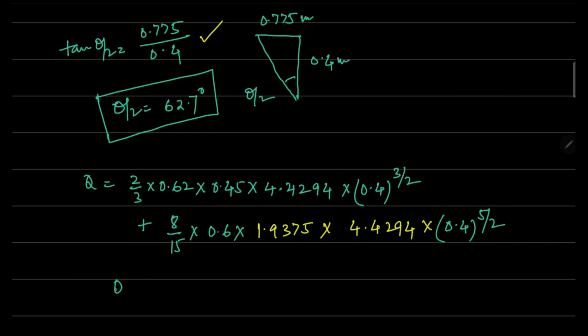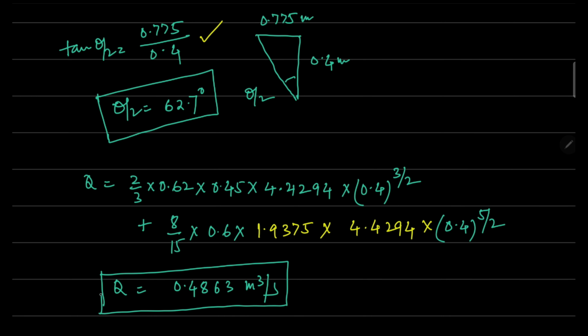So we just have to calculate the values. This calculation gives Q equal to 0.4863 meter cube per second. That is the answer to this particular question.